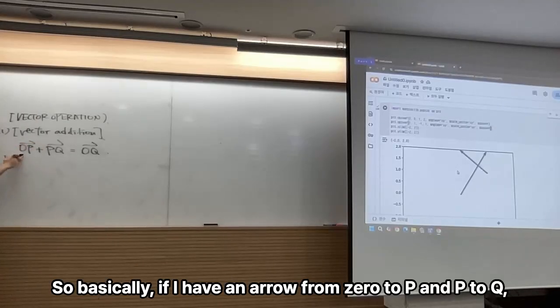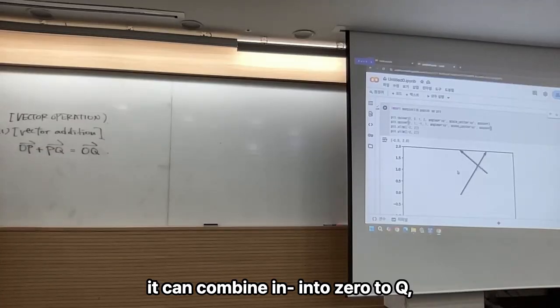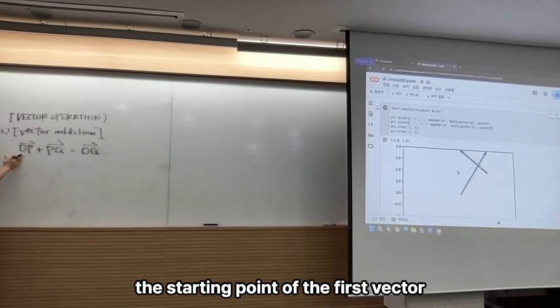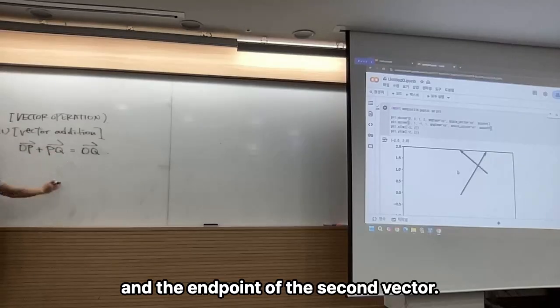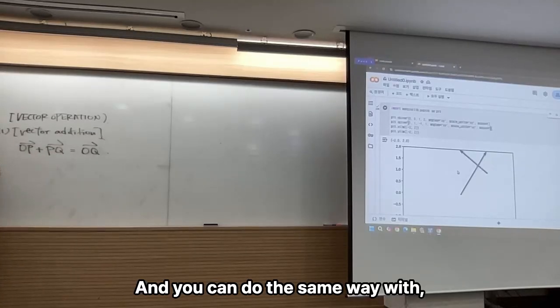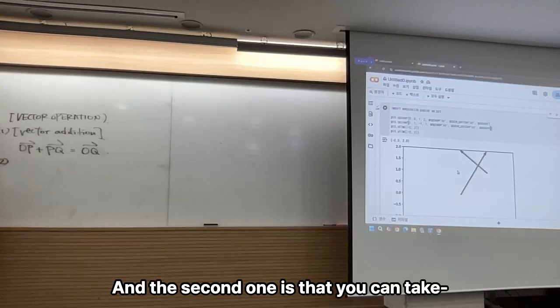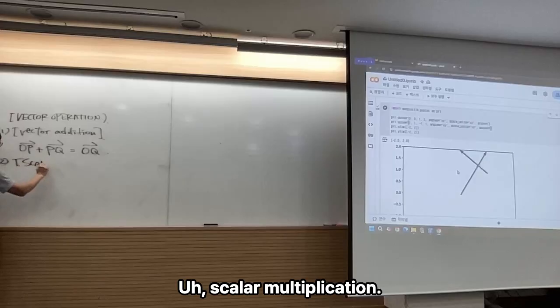If I have an arrow from O to P and P to Q, it combines into O to Q, taking the starting point of the first vector and the end point of the second vector. You can do the same with several vectors.